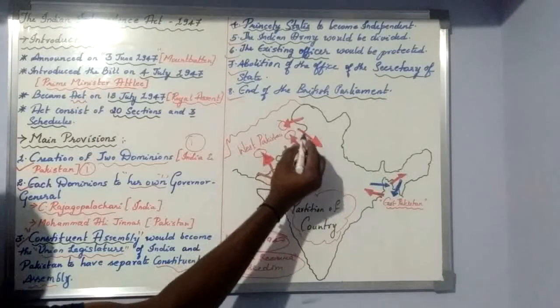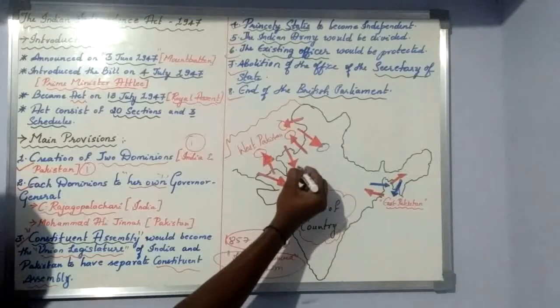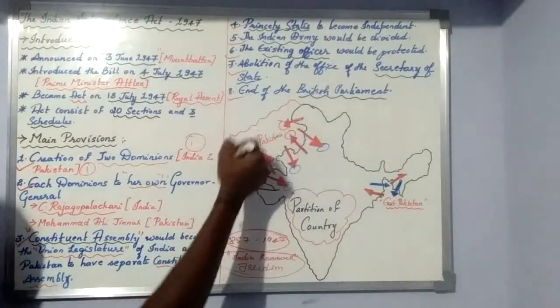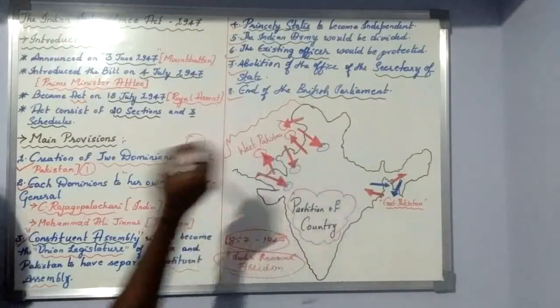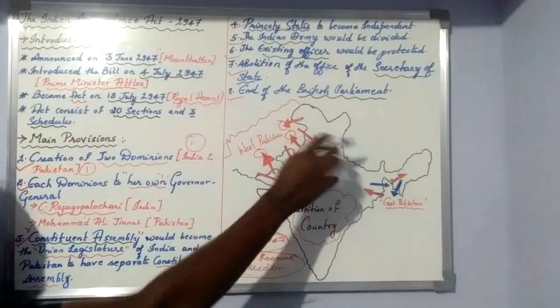And next, the people who were there before 1947, whoever was in this province and did not like to remain in Pakistan, all moved towards India, and the remaining people stayed here itself.